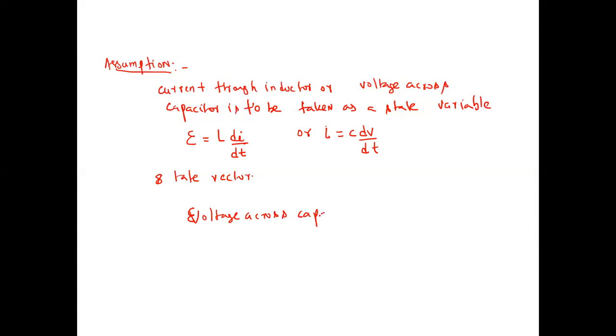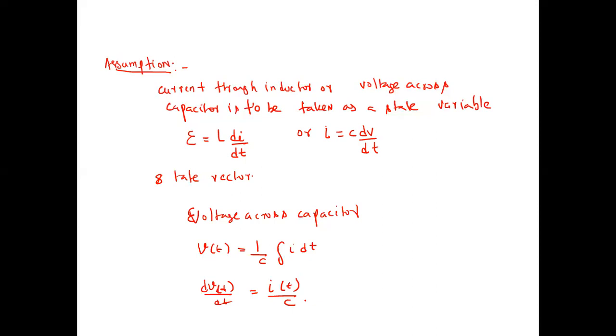How do we express this voltage? V of t would be equal to 1 by C integral I dt. If I differentiate both sides, I get dVc by dt is equal to I by C. So this is one of the equations, differentiating the voltage across the capacitor.